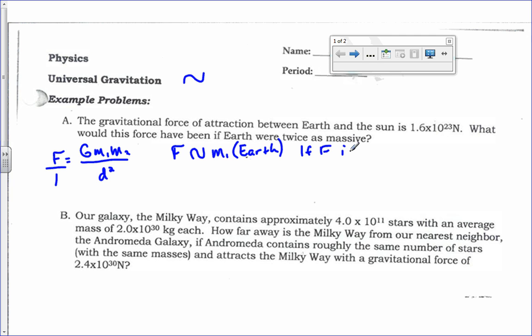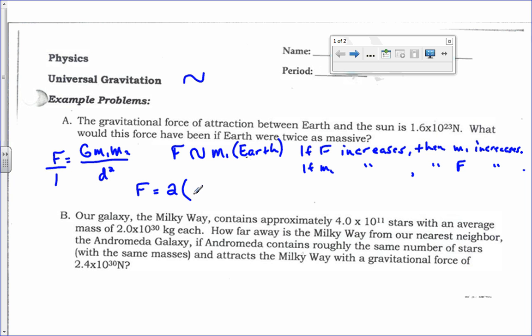If force increases, then mass increases. If mass increases, then force increases. Therefore, the new force will be equal to 2 times the original force.